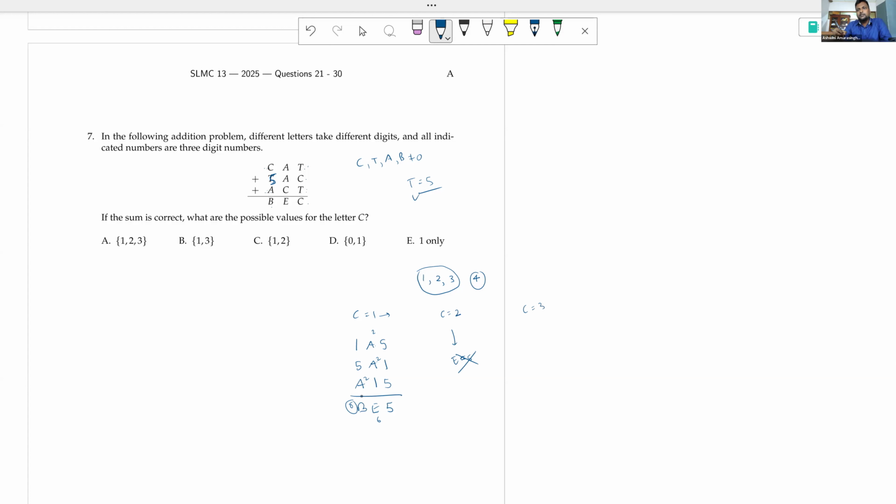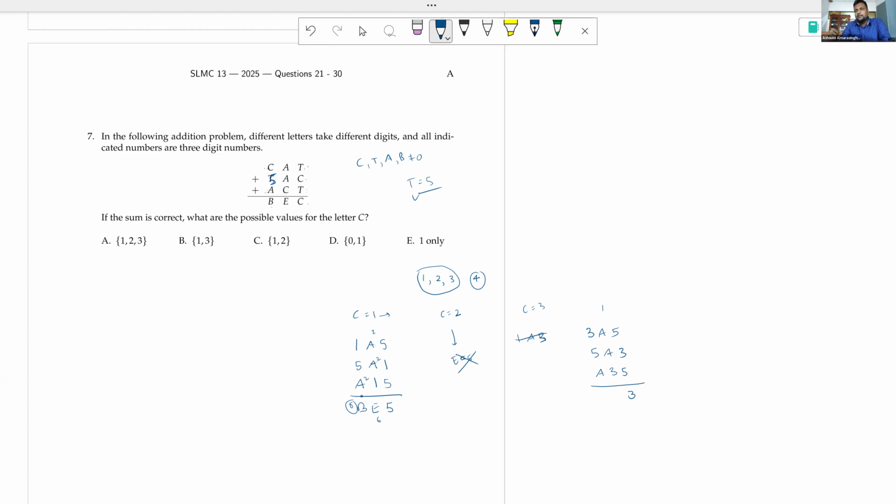C equals 3 should also work. 1A5, sorry, 1A3, 3A5, 5A3, and then A35. So you get 3 here and 1 remaining.